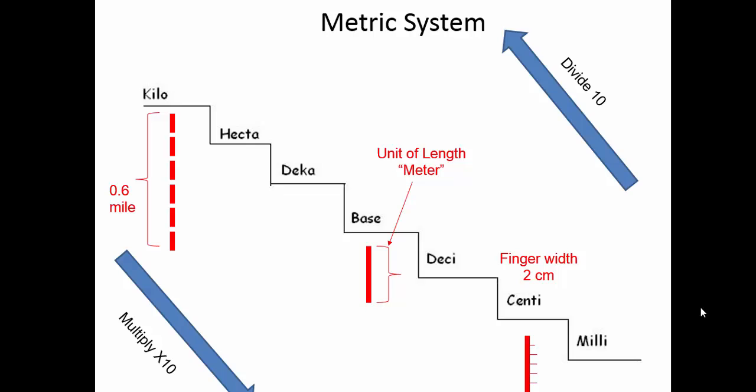Now, in the metric system, we have a conversion method that's very uniform. Here's what we mean by this. Let's take an attribute or a measurement called length. We call that the base unit. Now, we can measure an object's length, and the length may be less than 1 meter.